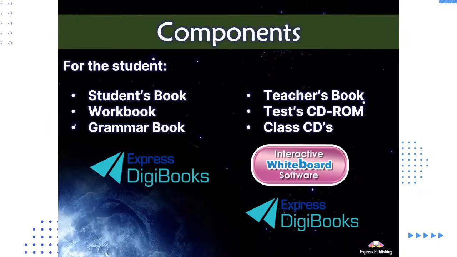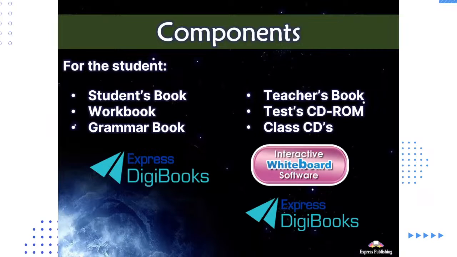The Digibook allows you to access the full content of the book, either online or offline through our Express Digibooks platform. The Digibook contains all of the audio and video material for the course. It also allows students to check their progress. It gives them instant feedback.